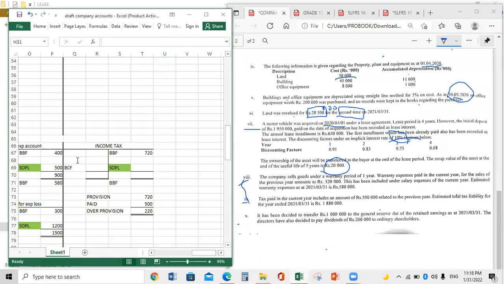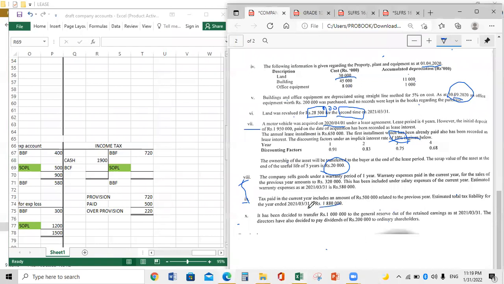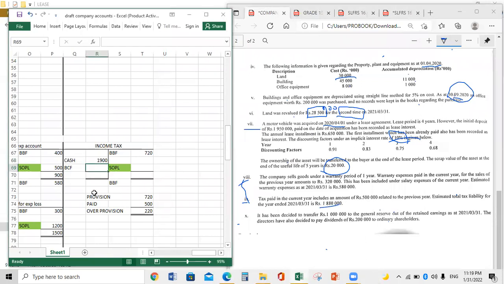You pay 1,900. Now, what is the closing estimated value? The closing liability is 1,880. So actually, you don't need the income tax account for this question, because they have given the liability also, no?